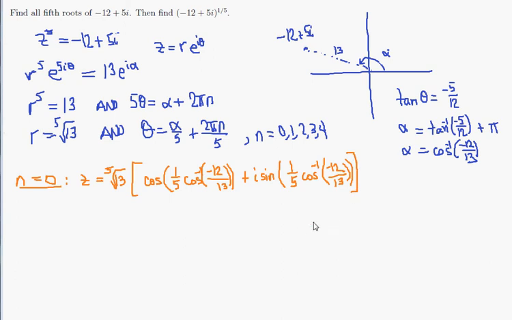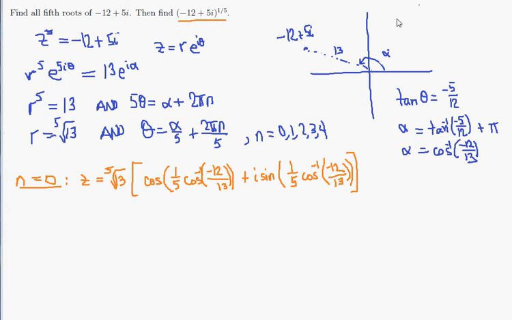And so this fairly long expression will be the answer for the first fifth root of z. And furthermore, that is the answer to the second part of the question, negative 12 plus 5i to the 1/5. Whatever you get when n equals 0 is going to be negative 12 plus 5i to that exponent. It's called the principal root for the expression.